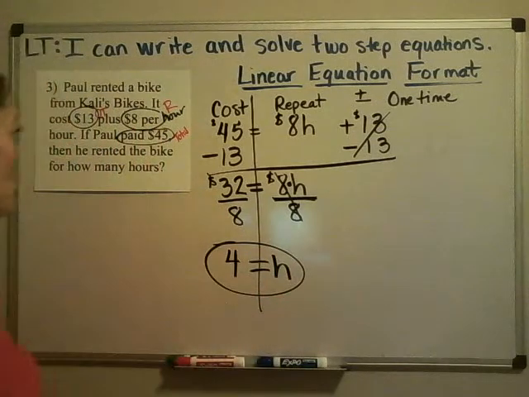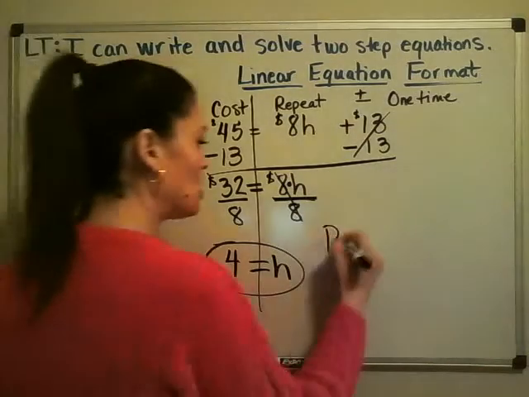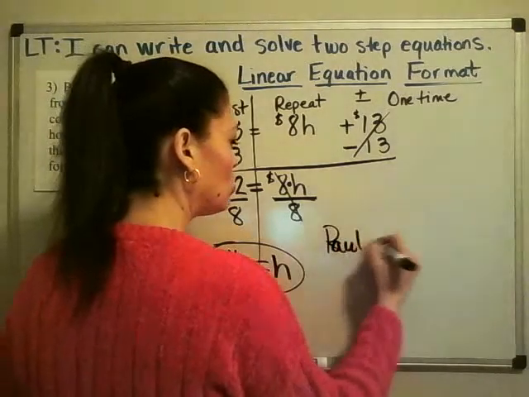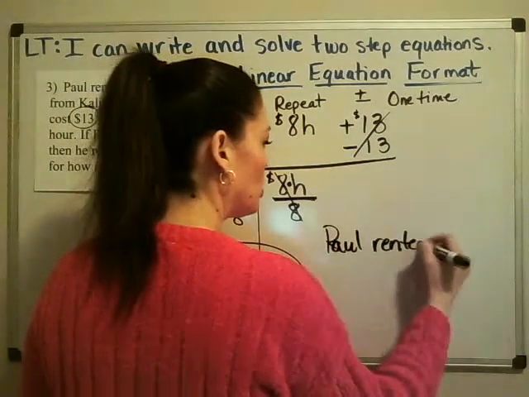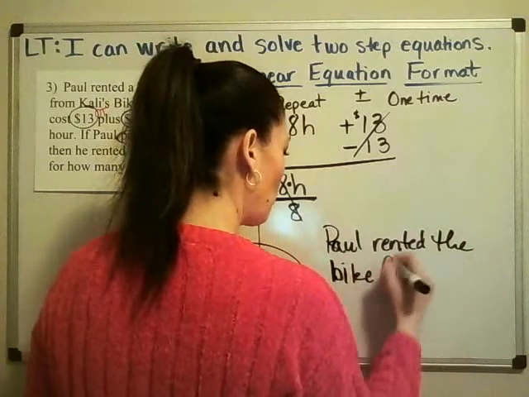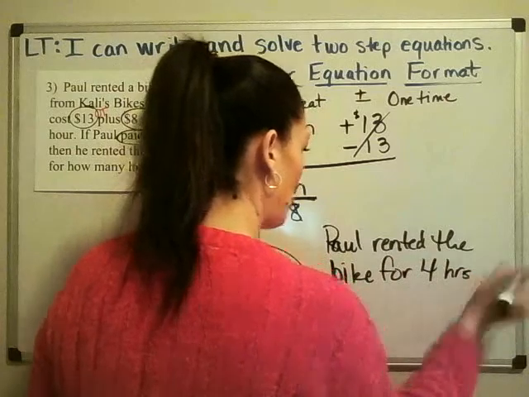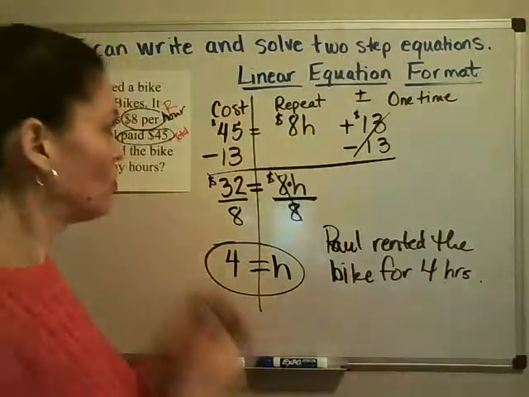So now we can answer the question. For how many hours did he rent the bike? Paul rented the bike for 4 hours. Okay.